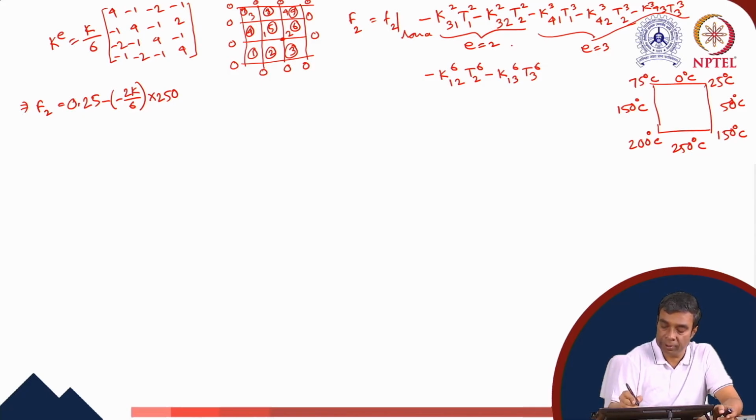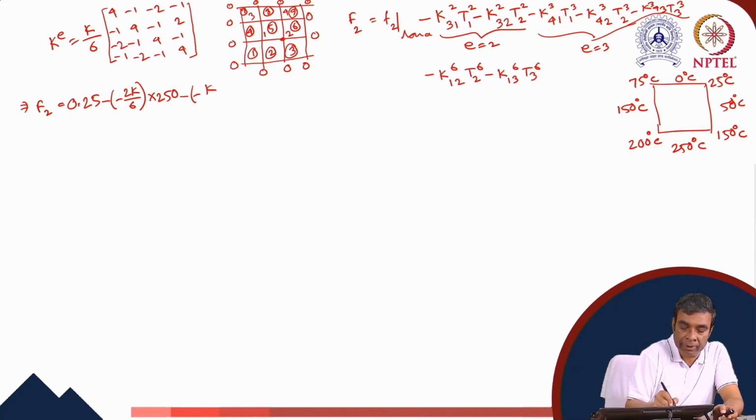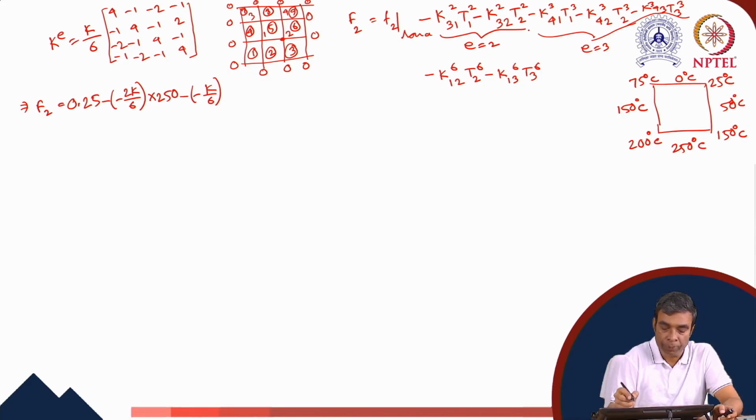So the next term was K322. K322 is minus K by 6. So this is minus K by 6 into T22. T22 is also 250 degrees centigrade. Next we go for element 3.